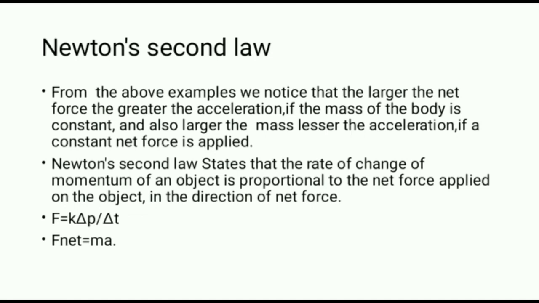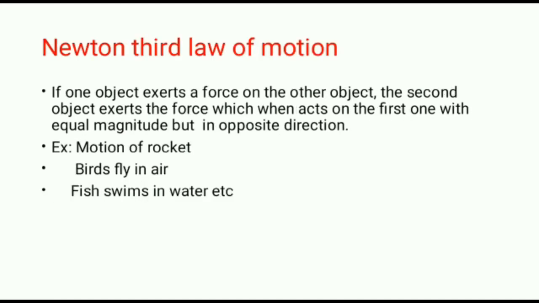Now we discuss Newton's third law of motion. If one object exerts a force on the other object, the second object exerts a force on the first one with equal magnitude but in opposite direction.